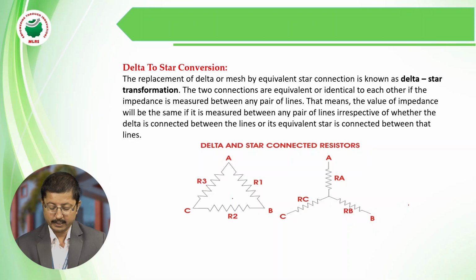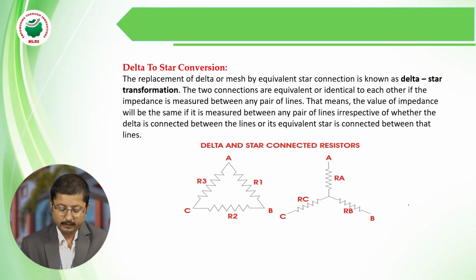First I am taking the delta connection. This type of network can be seen in three-phase circuits. Here we will now see how to form a delta and how to form a star. Here I am going to take three resistors.